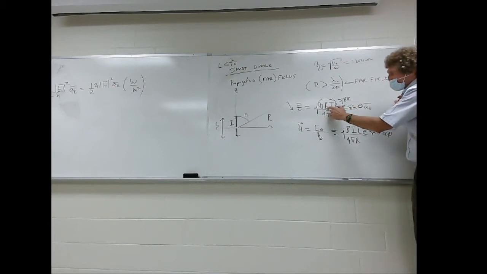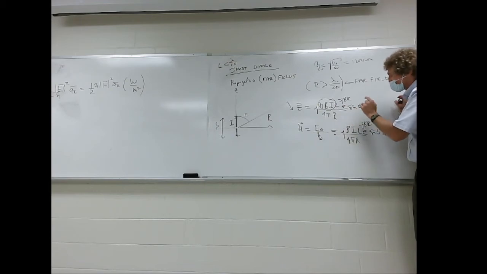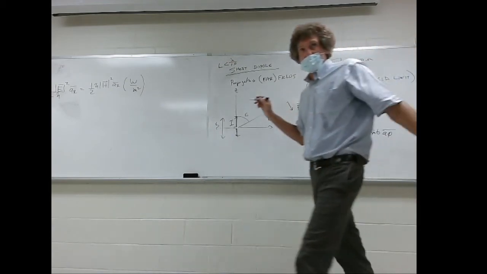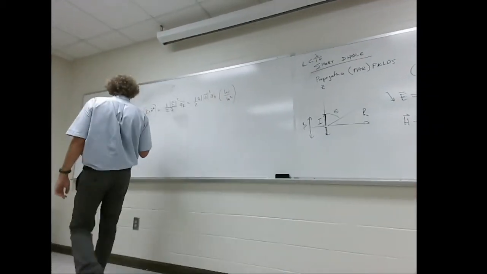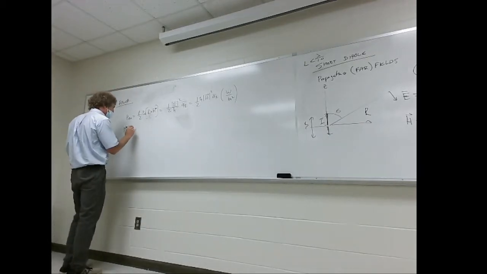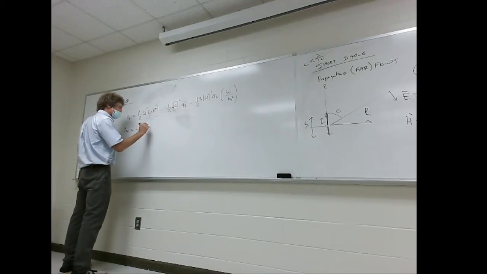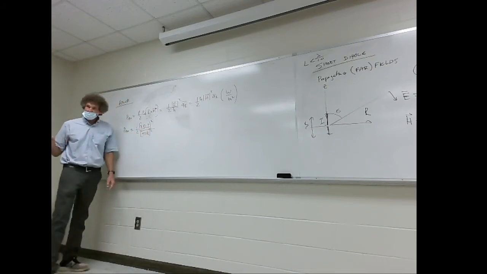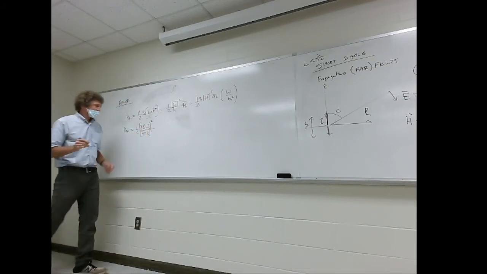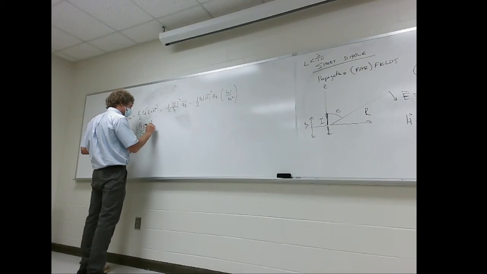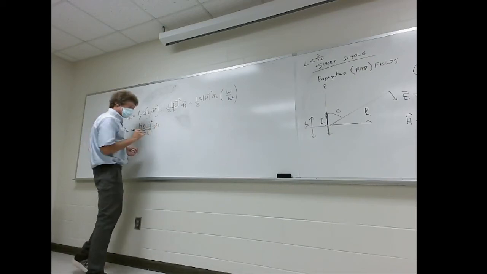So I'm going to have beta I L over 4 pi r, squared, and sine squared. I'll put the 1/2 in front first. So it's 1/2, and here I'm going to have beta times L times I, all squared. Then I have 4 pi r, all squared. You with me on that? Then I have the sine squared, right? Y'all with me?